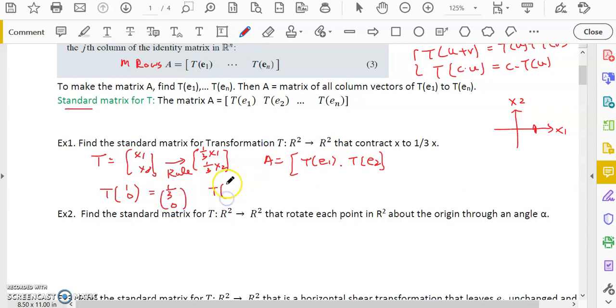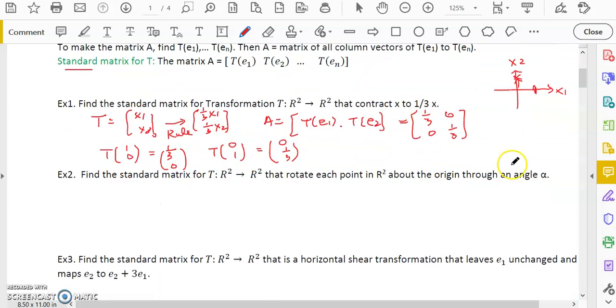And what about the other one? e2 is 0, 1, it's this vector right over here. And so 1/3 means it's 0, 1/3. So the standard matrix has first column 1/3, 0 and second column 0, 1/3. So this is A. This would do the same thing as contracting x1, x2 into 1/3 of x1, x2.